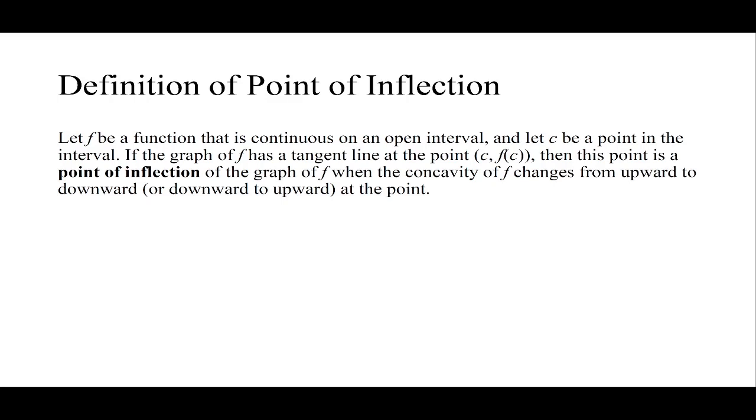Okay. So the next topic is points of inflection. Let f be a function that is continuous on an open interval and c be a point in the interval. If the graph of f has a tangent line at the point (c, f(c)) — so let's say there is a graph and there is a point c, and at that point you can draw a tangent line — then this point is a point of inflection of the graph of f when the concavity of f changes from upward to downward or downward to upward.